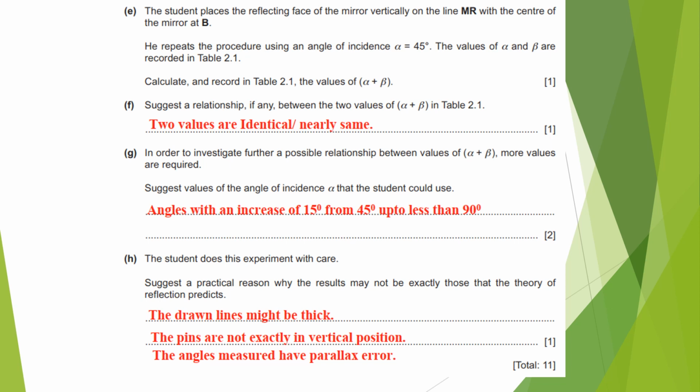And here we also have a protractor, a scale arrangement, and we need to measure the angle of incidence and angle of reflection. While making these angle measurements, it should be done without parallax error. Since it is for 1 mark, you can write any one reason for not getting exactly the results expected from the reflection.